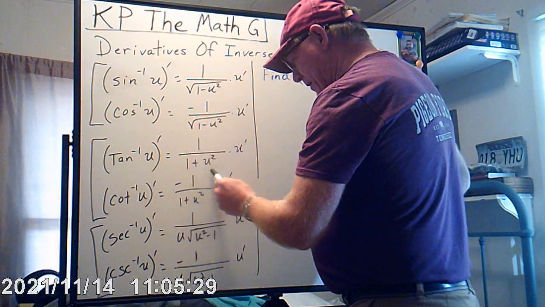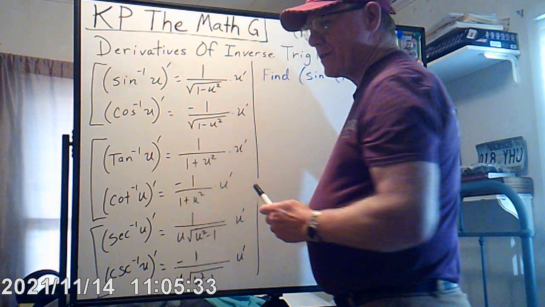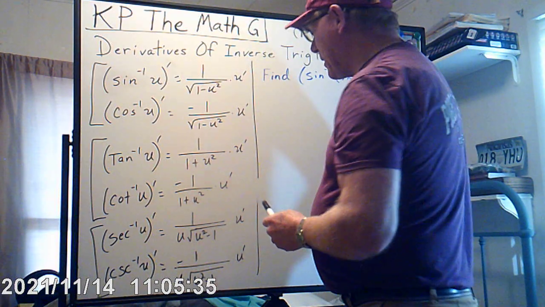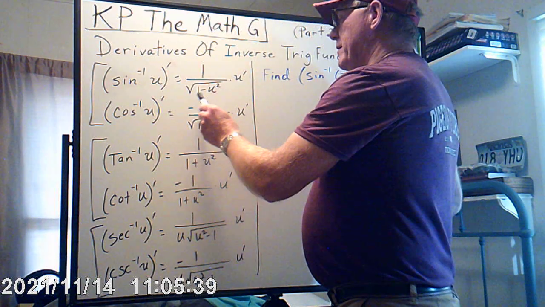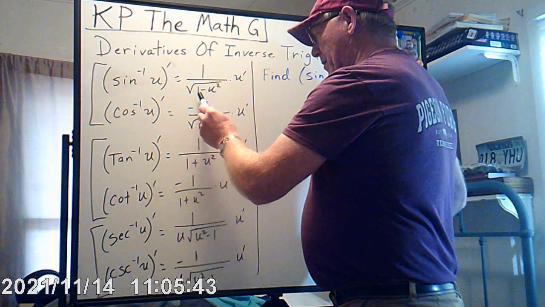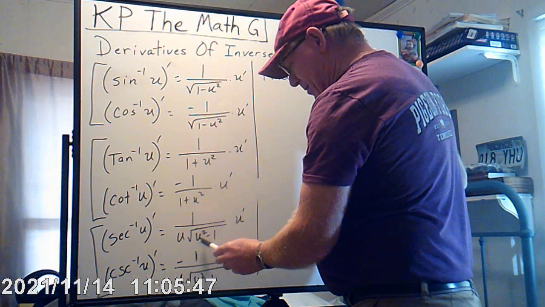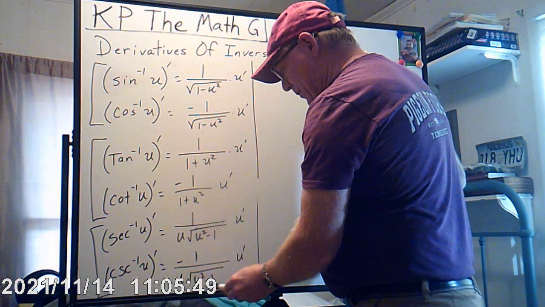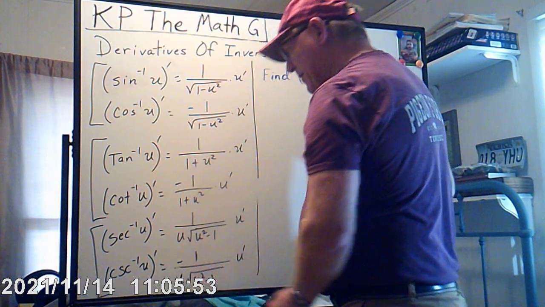The only 2 without square roots and plus signs will be tangent inverse and cotangent inverse. All the u's will be squared, and the difference in sine and cosine is 1 minus u squared, and then this is u squared minus 1 for secant and cosecant, but they have a u in front.